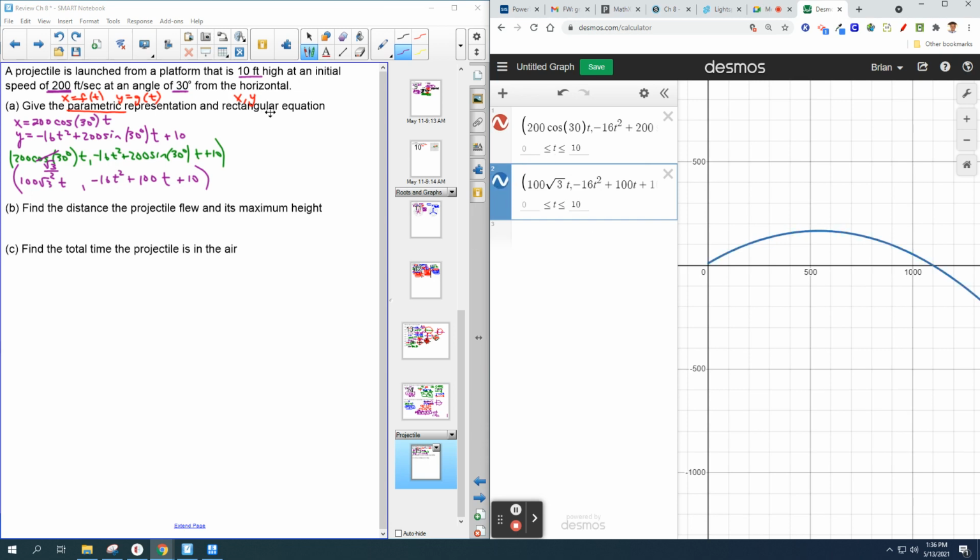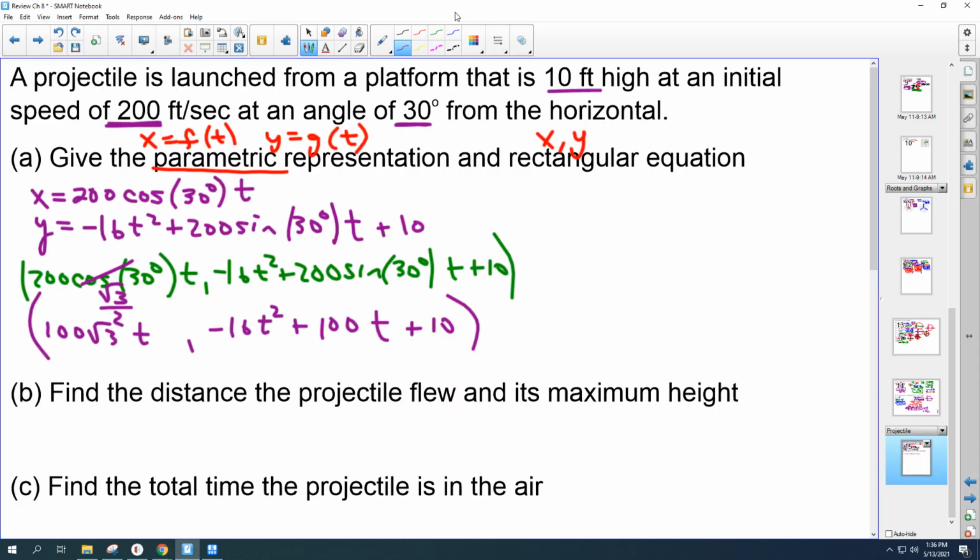So we still have to do the rectangular equation. Rectangular is going to have x and y in it. So let's look at that. Easiest thing to do is look at this. This is x.